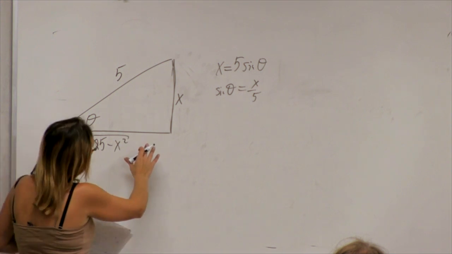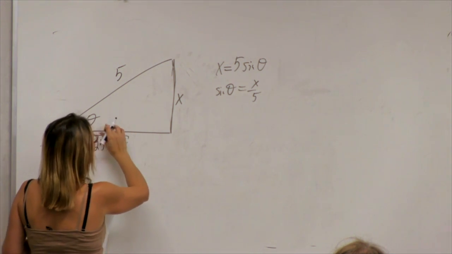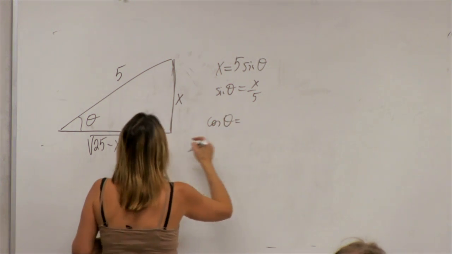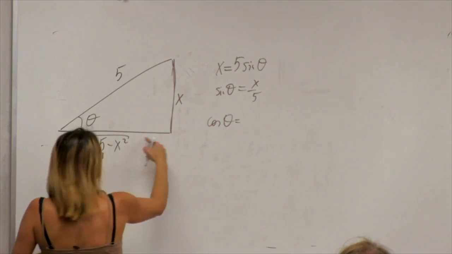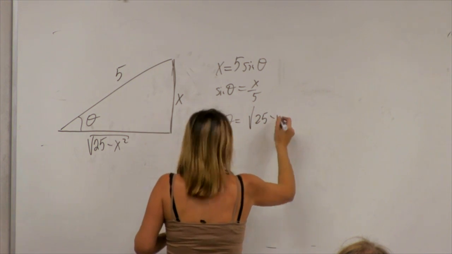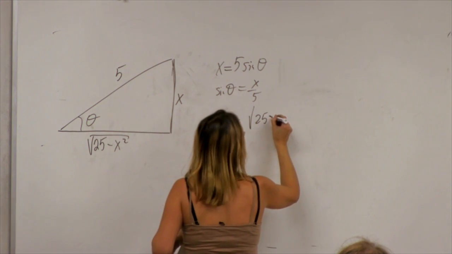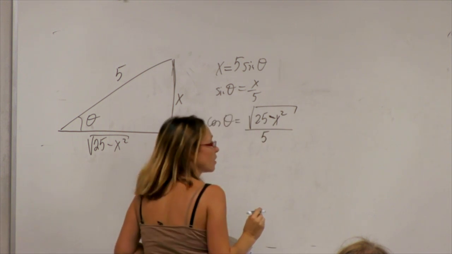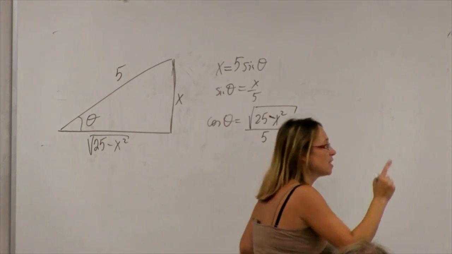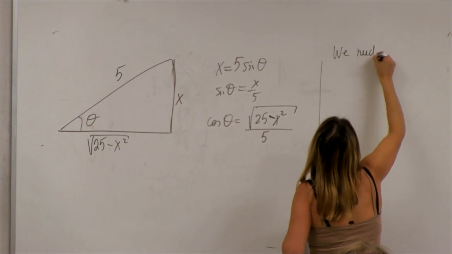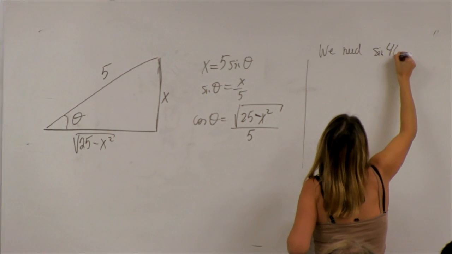So now I know quite a lot of things about theta. I know its sine, and I also know its cosine. What's cosine theta? This is going to be this side divided by 5. So it's square root of 25 minus x squared over 5. What I need to calculate is sine 4 theta.